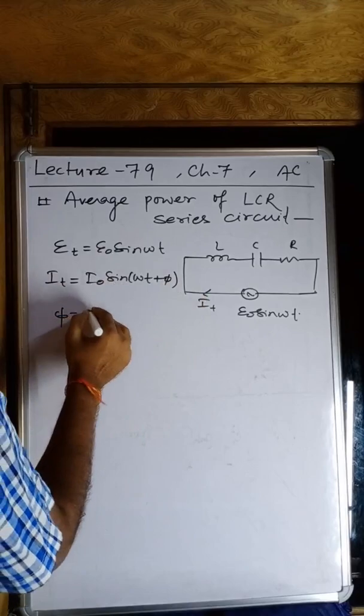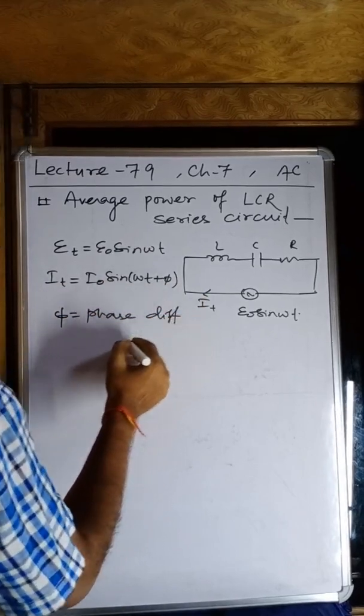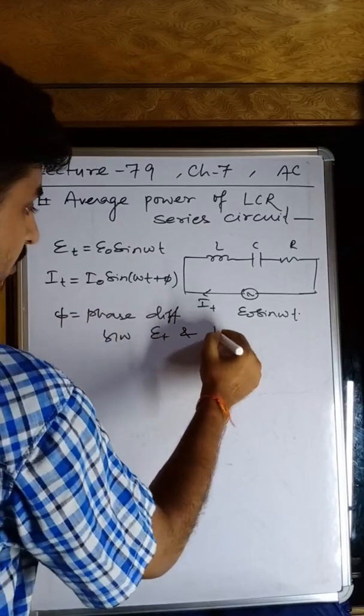Here phi is the phase difference between voltage and current.